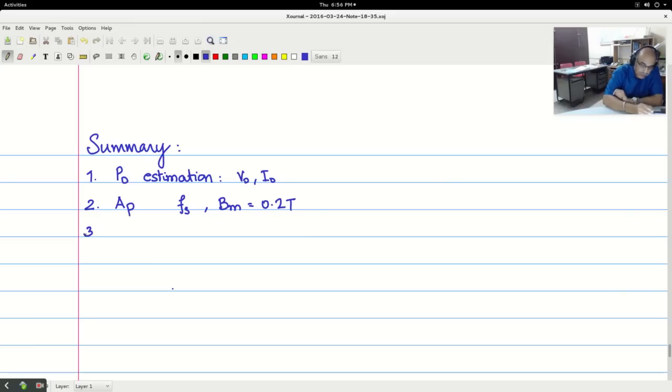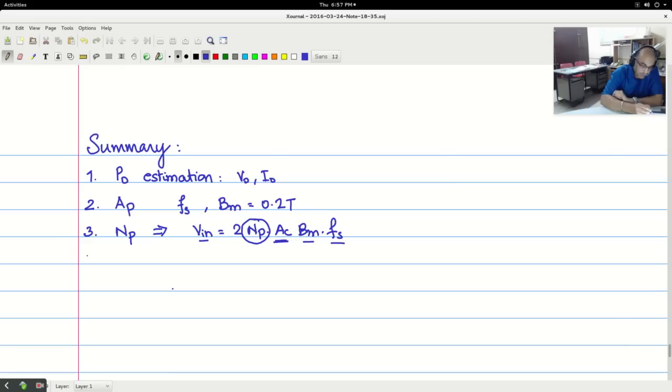Then afterwards you choose the turns NP. Now this is coming from the relation Vin equal to 2 NP AC Bm Fs. This is known, this is known, this is known, because you have already chosen the core. The moment you choose the core, AC is known, Bm is known, Fs is known, Vin is known, only NP is not known.